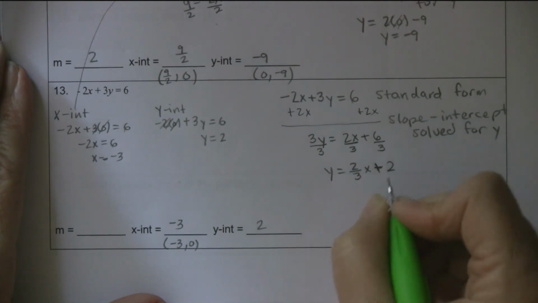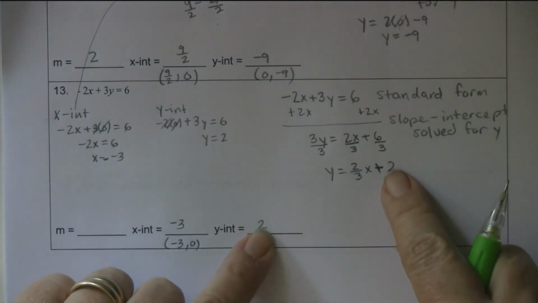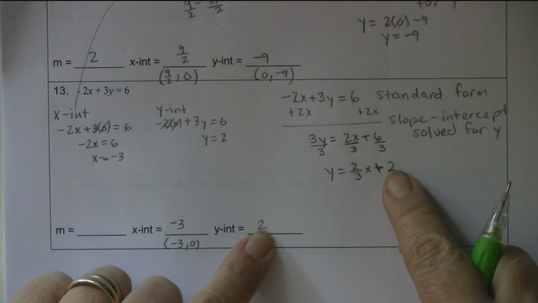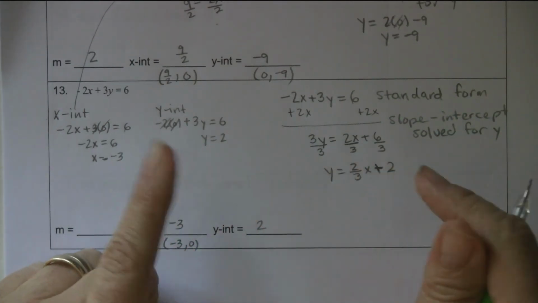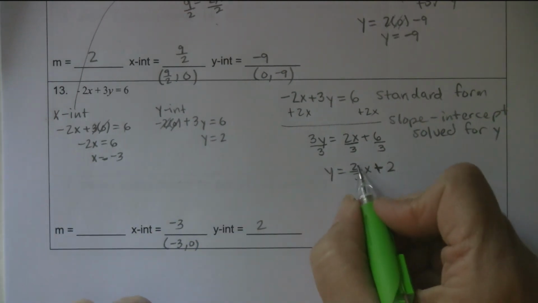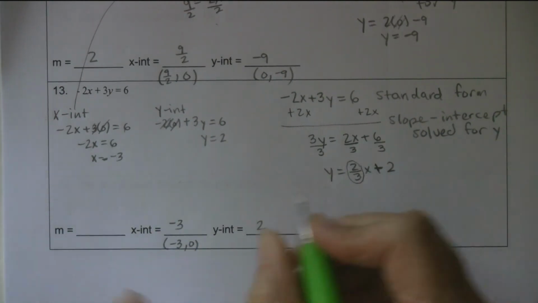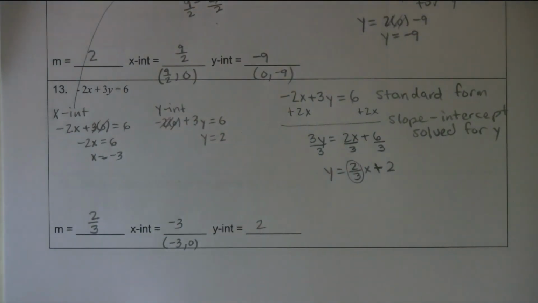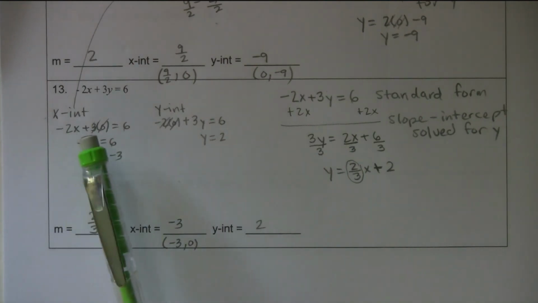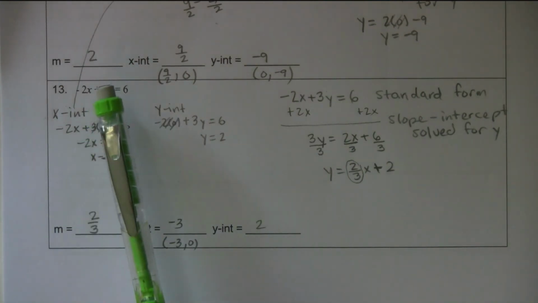In this form, the y-intercept is free. There it is. You notice it's not different than when I found it in standard form. So you can find the y-intercept in either form. It doesn't matter. And the slope is 2/3. But I can only find the slope from slope-intercept form. And the x-intercept is actually easier found from standard form.